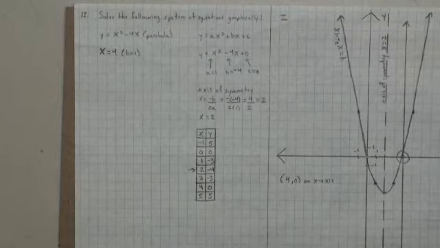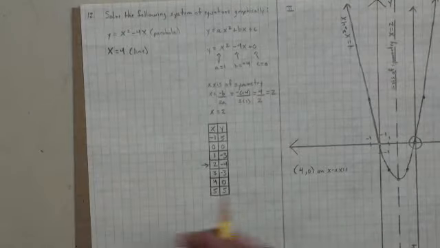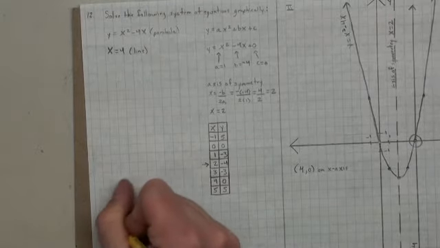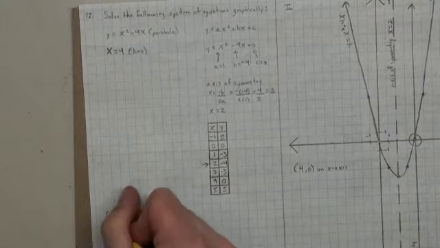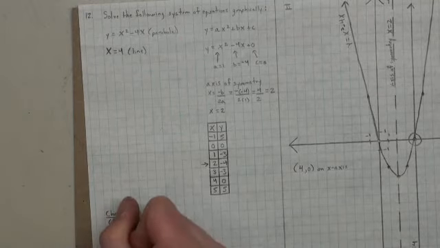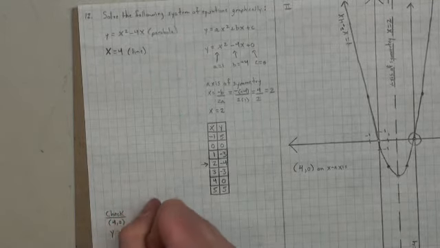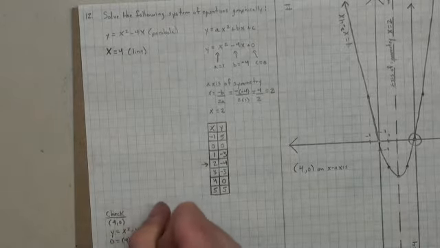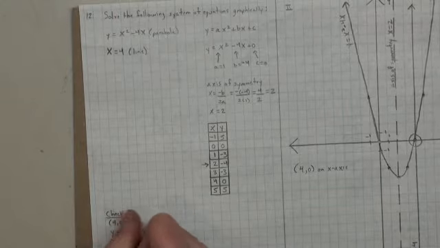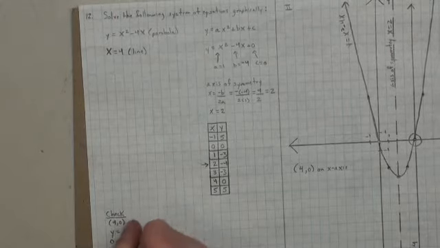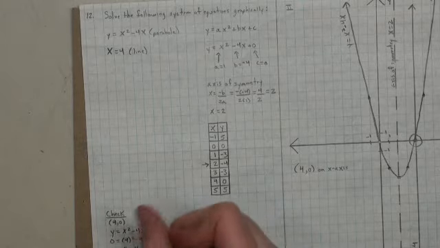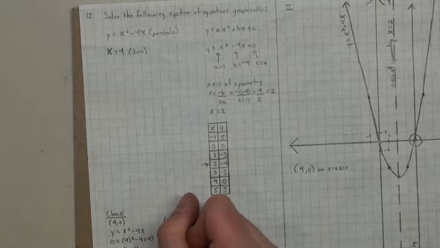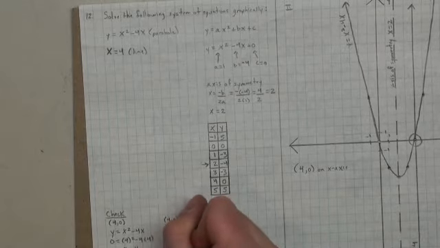Now let's just do our check by hand. And we only have one point to check: 4, 0. So first I have y equals x squared minus 4x. So 0 equals 4 squared minus 4 times 4. 0 equals 16 minus 16, 0 equals 0. That checks. Now I have to check it in the line x equals 4.